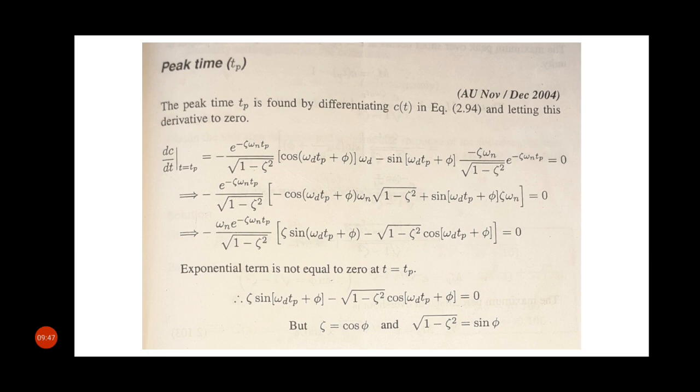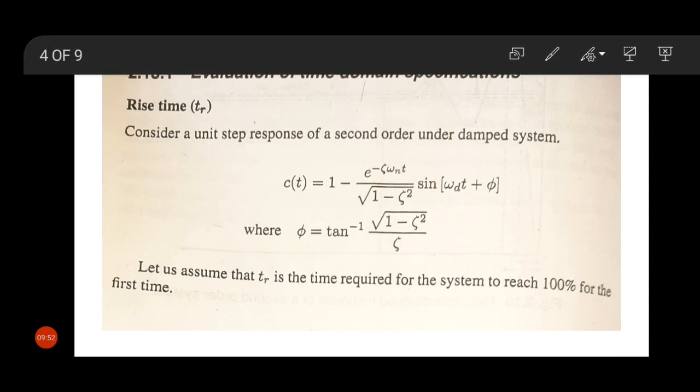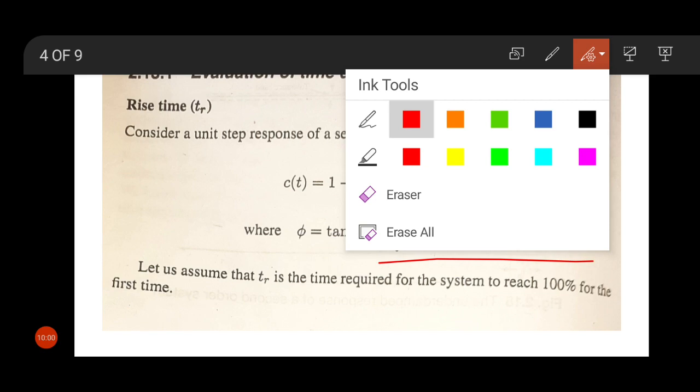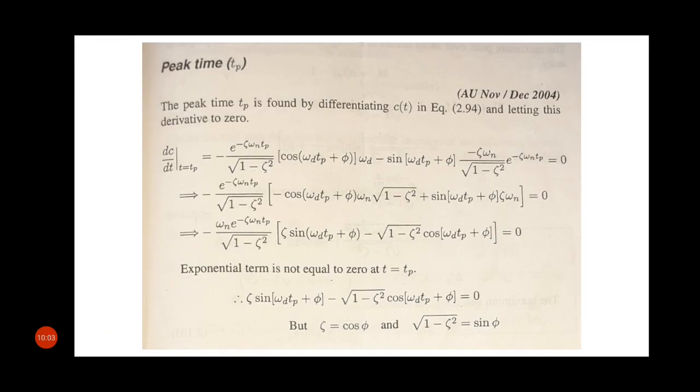So after differentiating c(t) with respect to t, and putting this differentiation equal to 0, we get this equation.